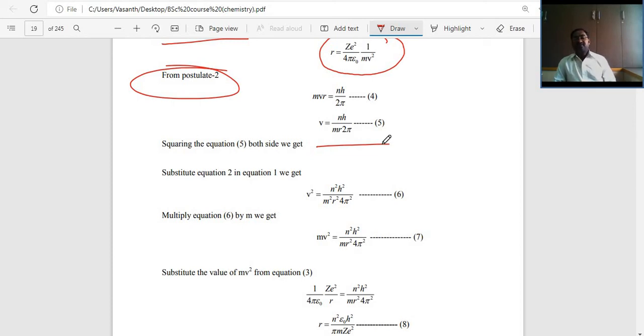Squaring the equation on both sides, we get v square is equal to n square h square by m square r square into 4 pi square. Multiply equation 6 by m: mv square is equal to n square h square by m r square into 4 pi square.